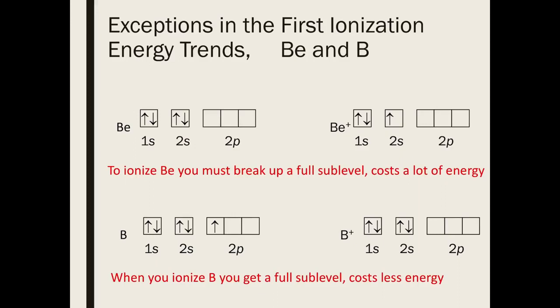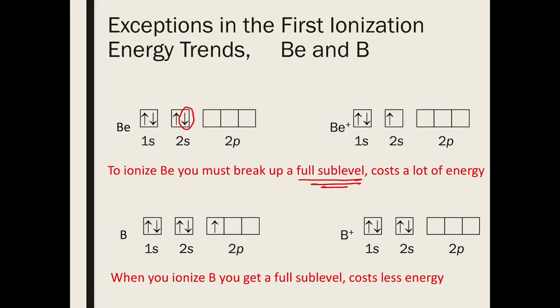If we were going to ionize beryllium, if we were going to pull off this electron, we have to break up a full sublevel. And when sublevels are full, they are particularly stable. When sublevels are full or half full, that's what we were talking about with electron configurations last time.